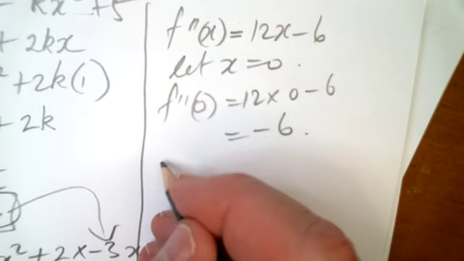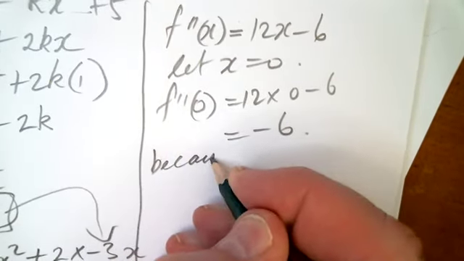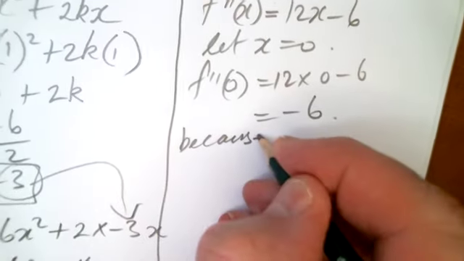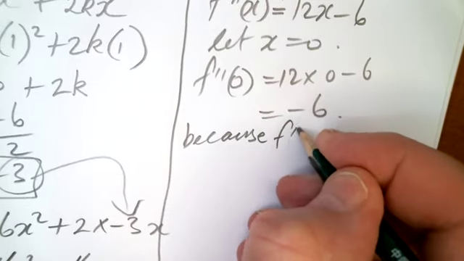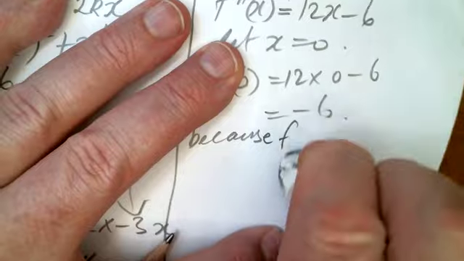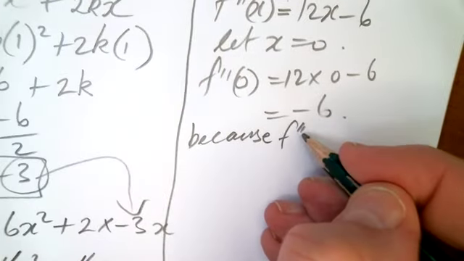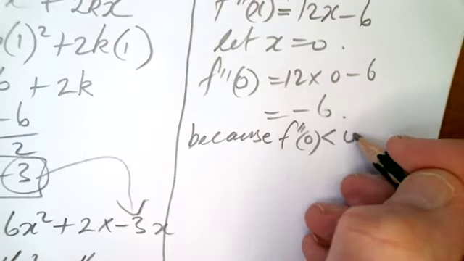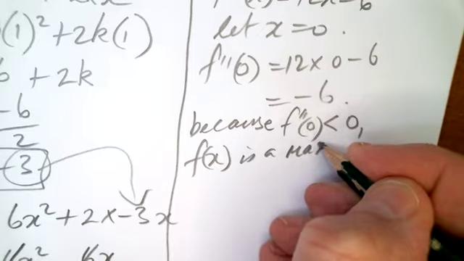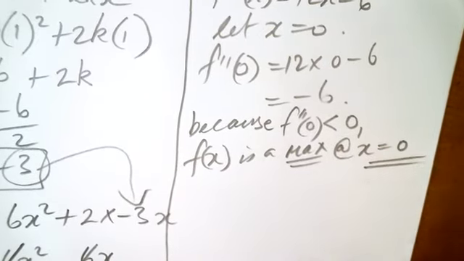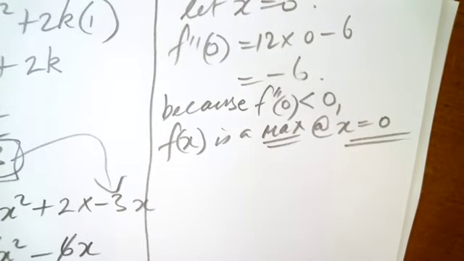So we can say f double prime of 0 is less than 0, so f(x) is a max at x equals 0.